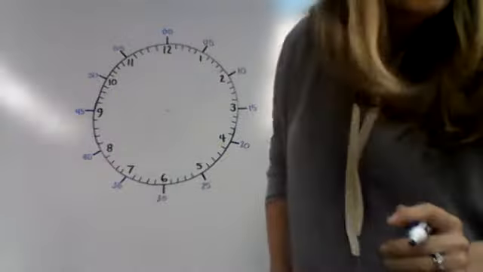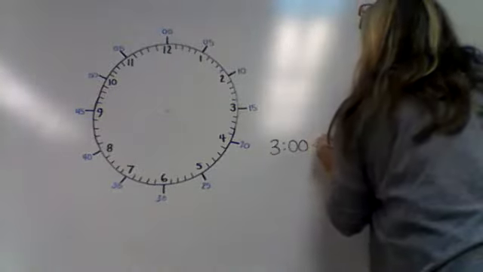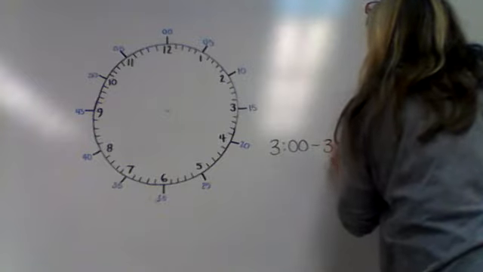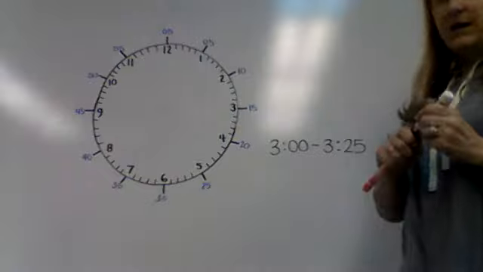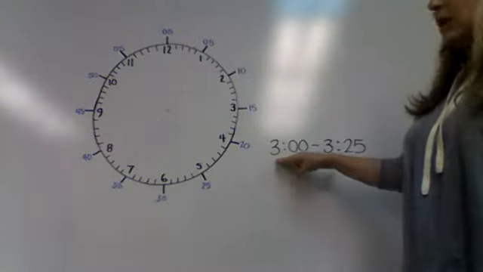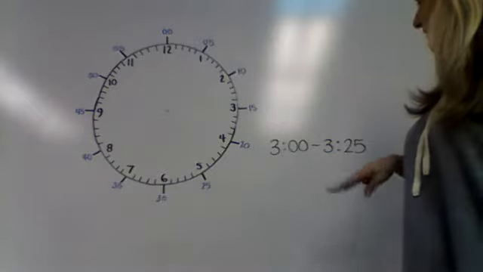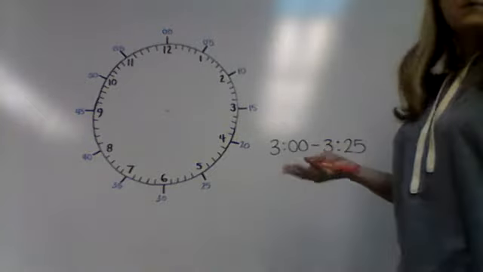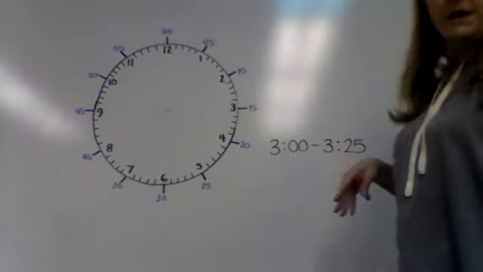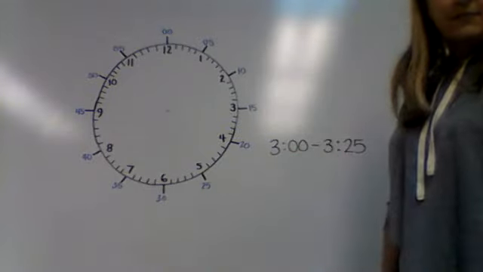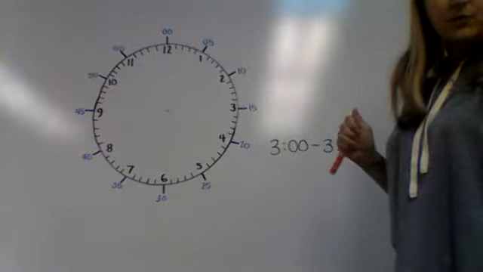And it ends at 3:25. Well, that's pretty easy to figure out. If it started at 3 o'clock and it went until 3:25, our hours are the same, so it wasn't an hour, it's just a matter of minutes. 0 to 25 is 25. So that was an easy one to figure out. We just look at it.